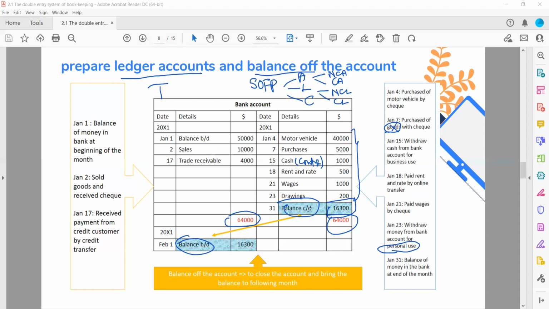If the balance carried out at the end of the month is in the credit side, this is shown as a current asset. So this is an asset to the business. That means we still have 16,300 at the end of the month. It is our money.